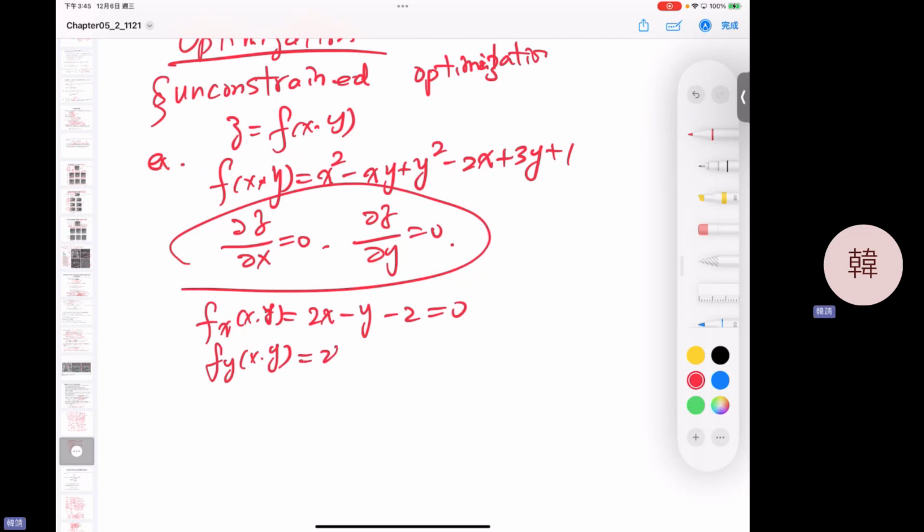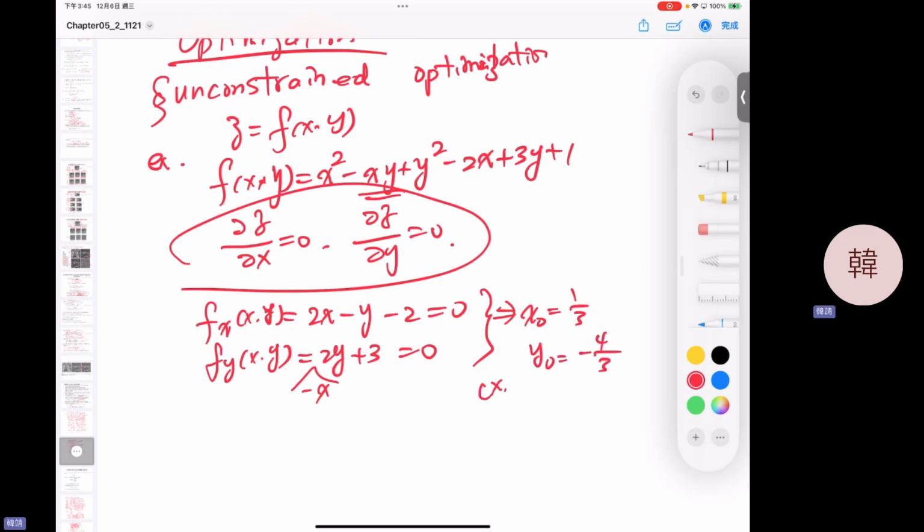It's 2y minus x equal to 0, right? Please solve these two equations for me, because you have to satisfy both the x direction and the y direction. So the result, if you solve it, should be x0 equal to 4/3 and y0 equal to 2/3.